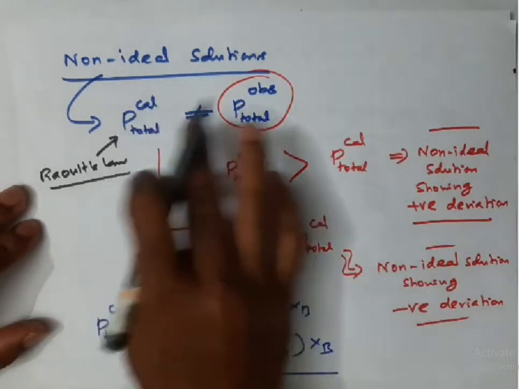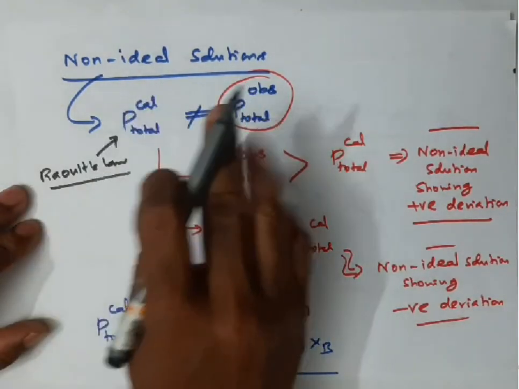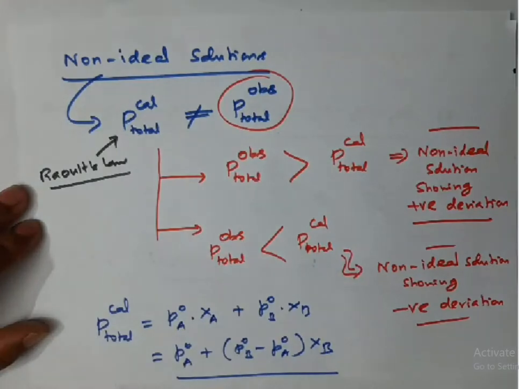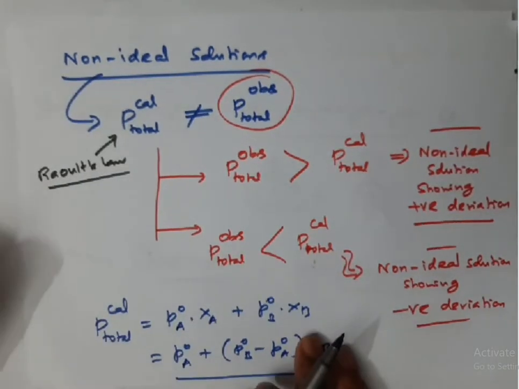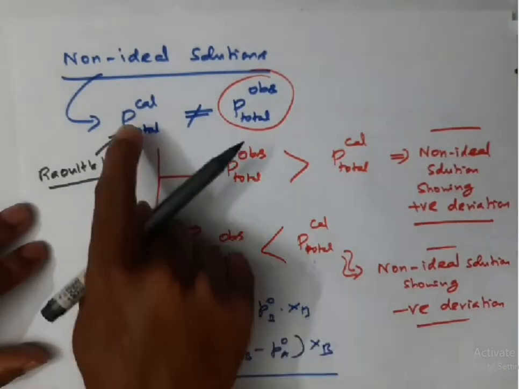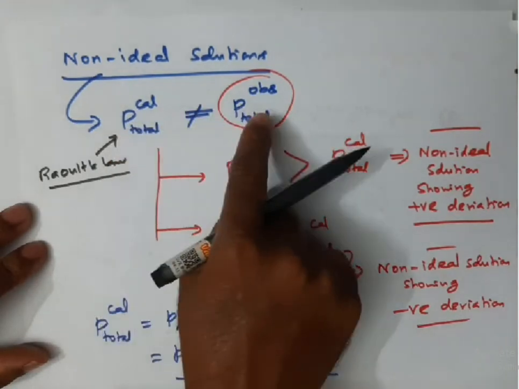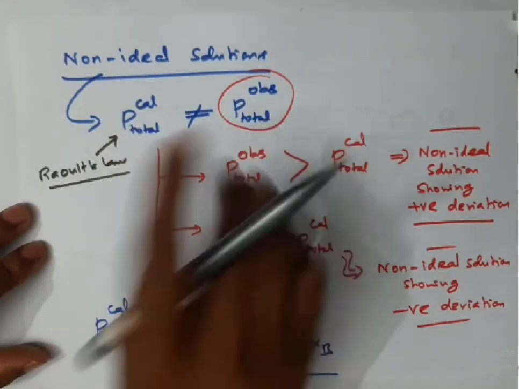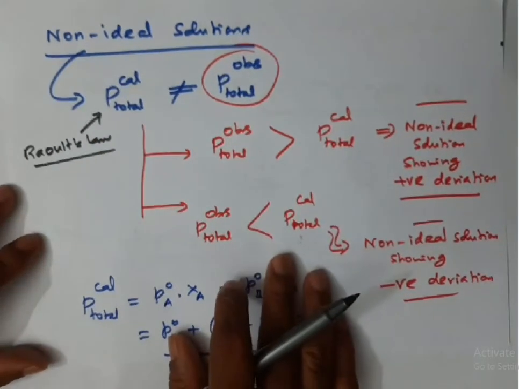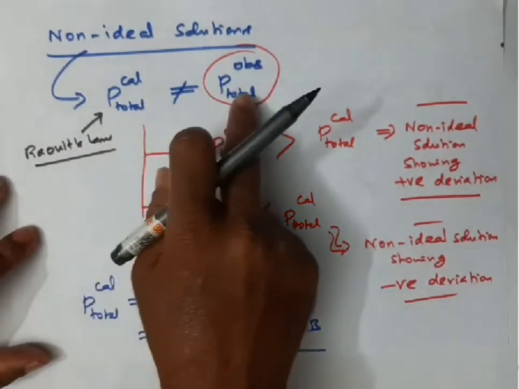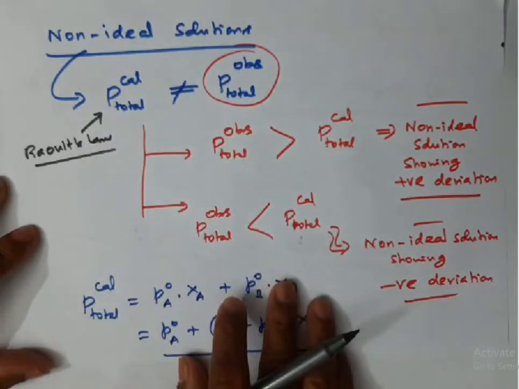If the two are not equal, we call the solution a non-ideal solution. That's the first point you should keep in mind. Calculated total pressure and observed pressure are not equal. Then two possibilities arise.